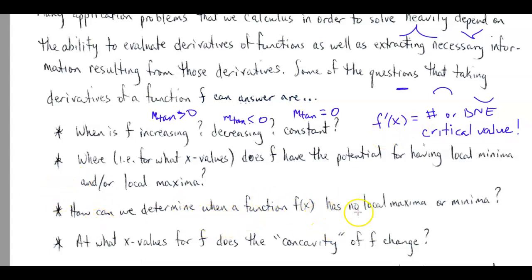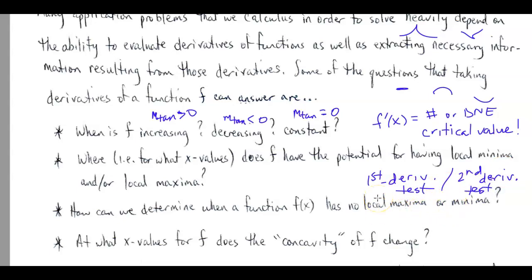How can we determine when a function has a local max or local min? Well, we're going to see something called the first derivative test, and also the second derivative test, that will answer this particular question.